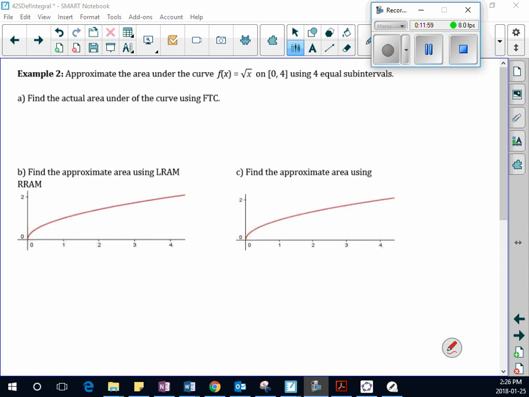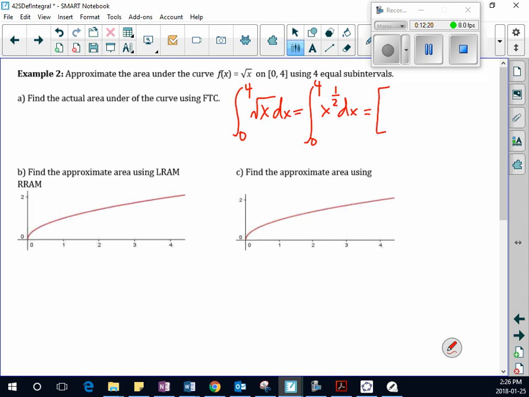So because this is the square root of x, and we're going from 0 to 4, what would the integral be? 0 to 4 of the square root of x dx, which is also the same thing as 0 to 4 of x to the power a half dx. So add 1 to 1/2, we get 1 and 1/2, 3 over 2.